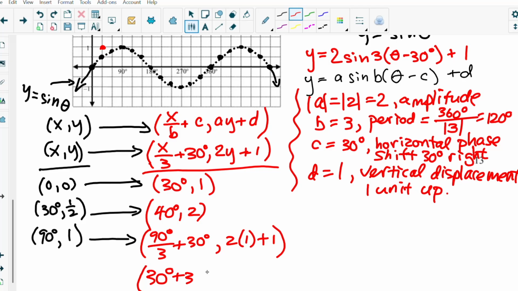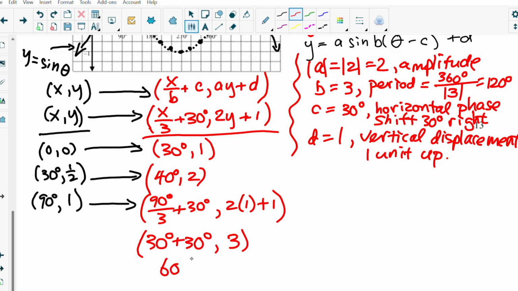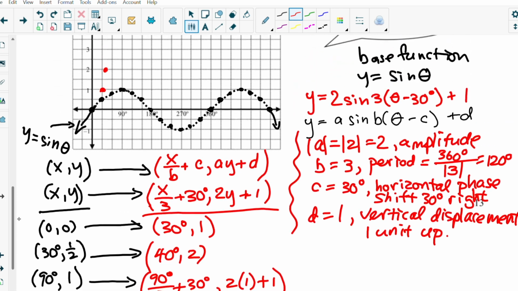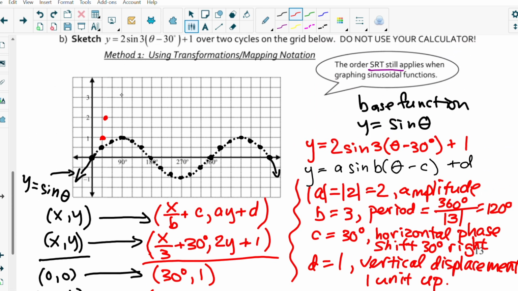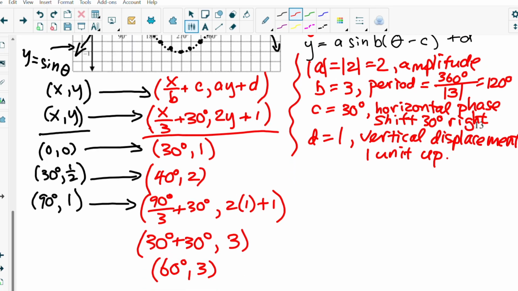So that becomes 30 degrees plus 30 degrees, 2 times 1 is 2 plus 1 is 3. So that ends up being 60 degrees and 3 for our transform point.